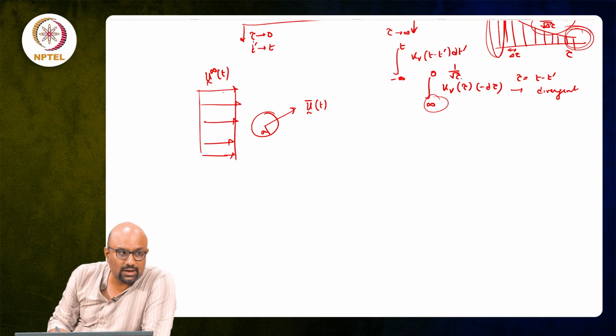So, it is not a spatially varying flow, it is a flow that is uniform in space, but changing unsteadily in time. What would be the change of the force that it experiences? Now, how do we do this?